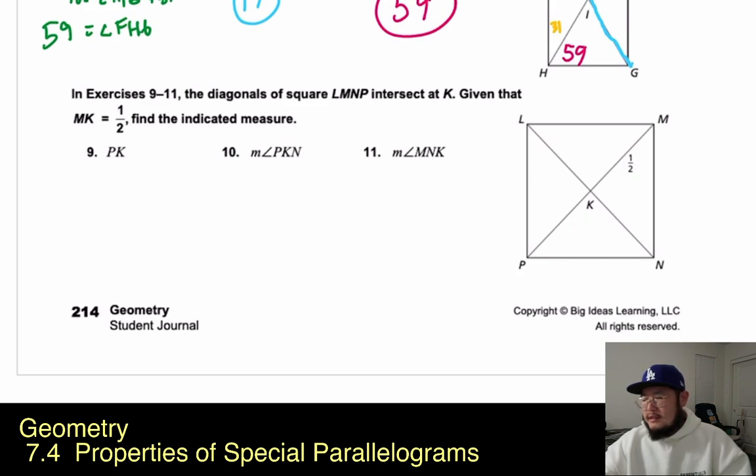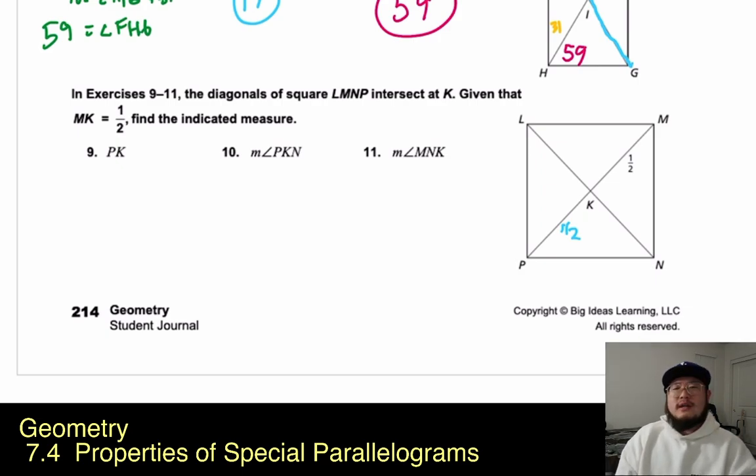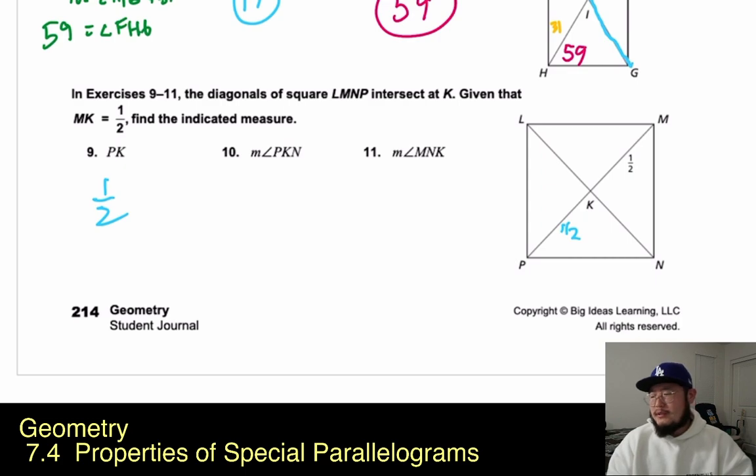What do they tell us? MK is equal to 1/2. Remember, the diagonals of a rectangle should all be congruent, so P to K is 1/2. Maybe we'll need to know that. K to N is 1/2, L to K is 1/2. But they say, what is P to K? All right, hey, we just figured that out. That is 1/2, right? The diagonals bisect each other and therefore are congruent, just like that of a rectangle and also the rhombus.